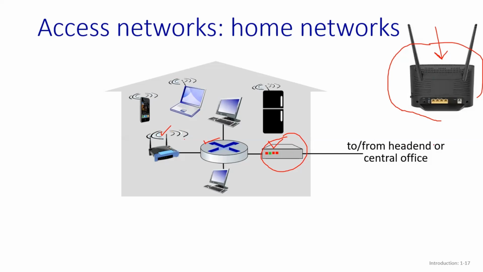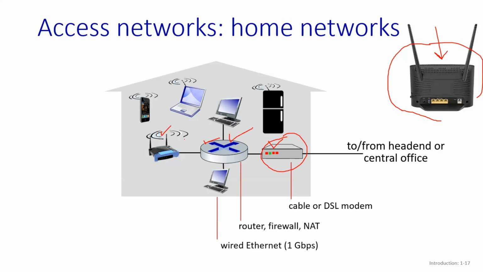So this is to and from the head end or central office. This thing is present inside this DSL modem, and this one over here is the router, and then we have the wired Ethernet at 1 GB per second, and then this is the Wi-Fi wireless access point. You may be connected to your DSL or your router using Wi-Fi.